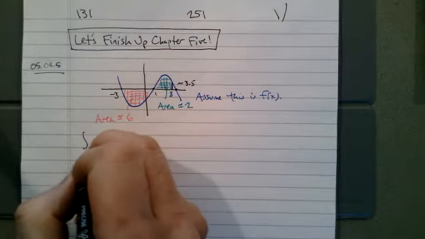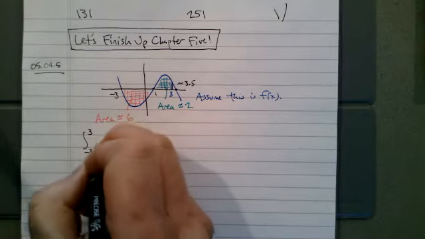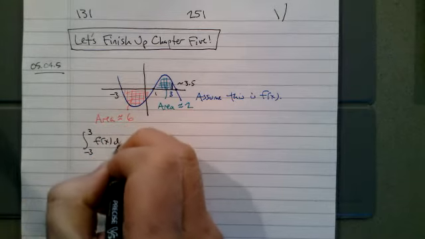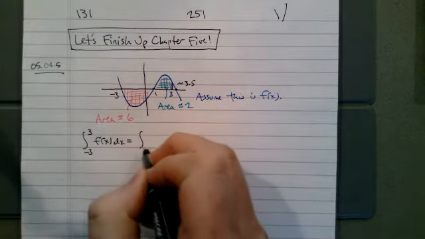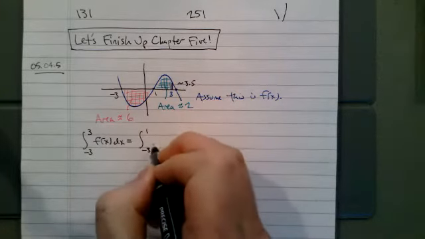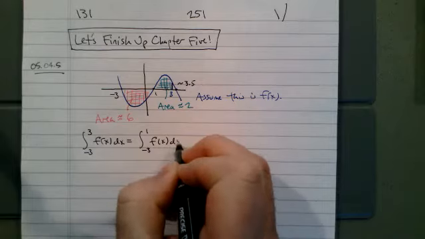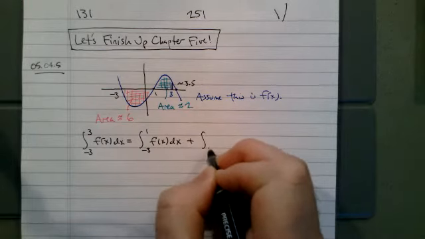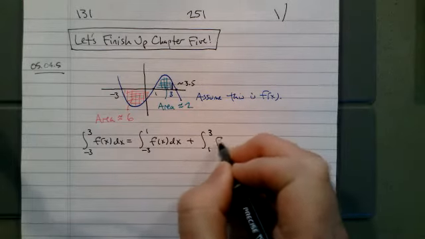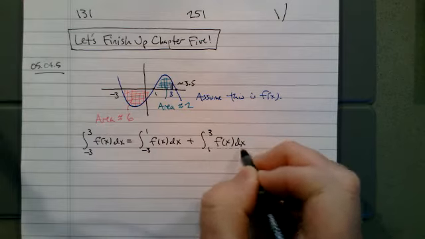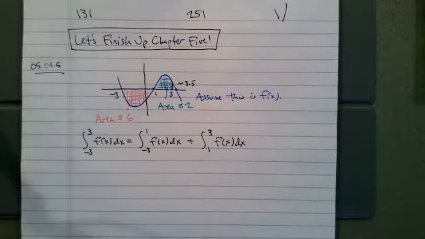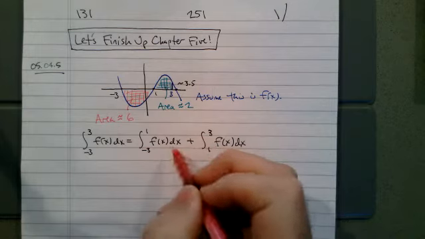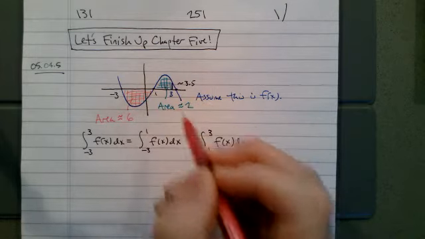So the integral from -3 to 3 of f of x dx is going to be the integral from -3 to 1 of f of x dx plus the integral from 1 to 3 of f of x dx. The reason that we break it down here is that this integral from -3 to 1 is going to be given by this area.